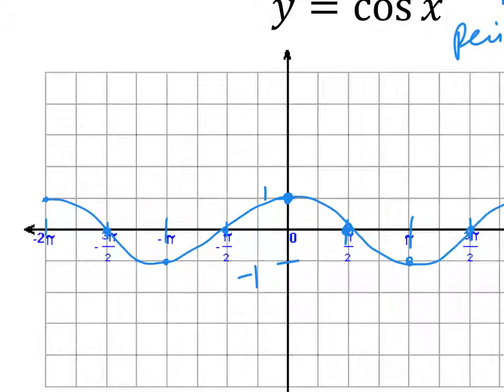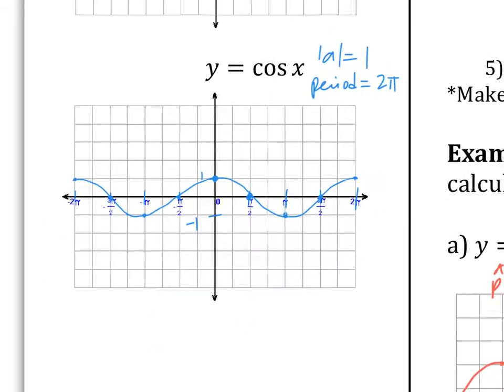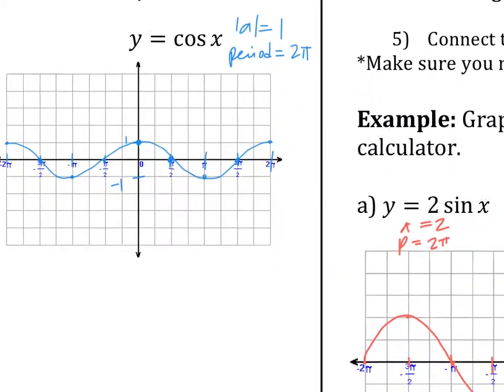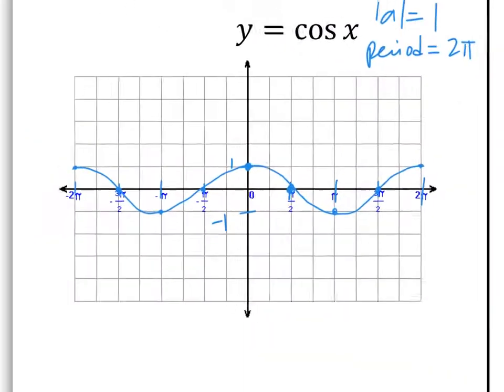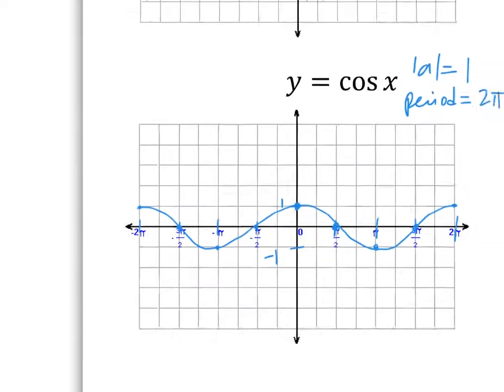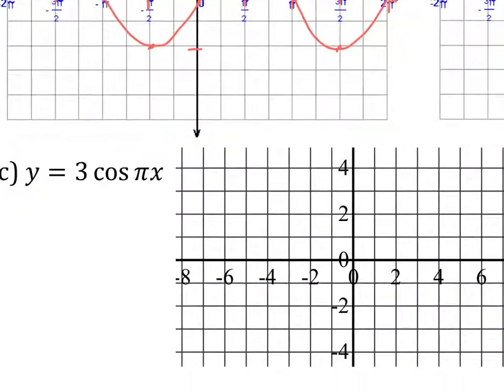Okay. All right. Let's have you practice the 3 cosine pi x. That one's a little bit tricky because you may not have seen that kind of period before. Okay, so go ahead and do C. All right, so let's take a look at this one.